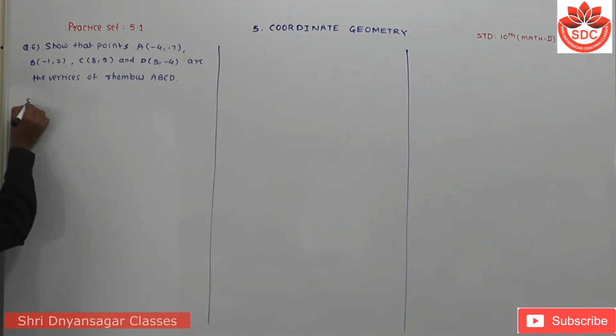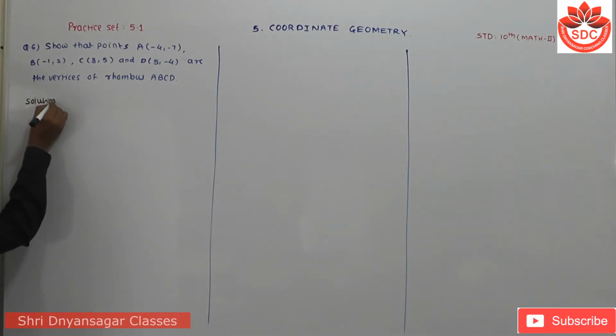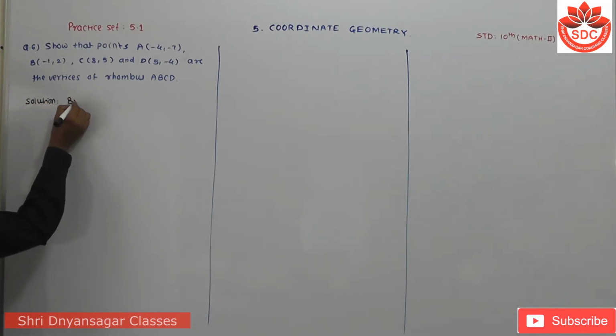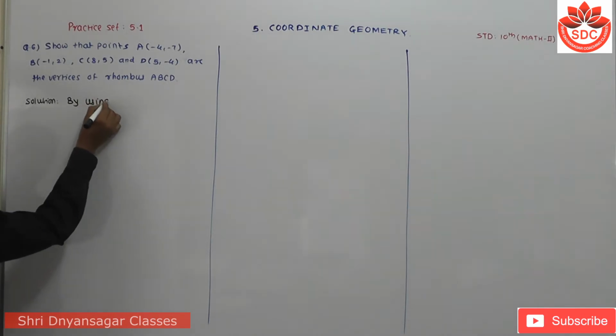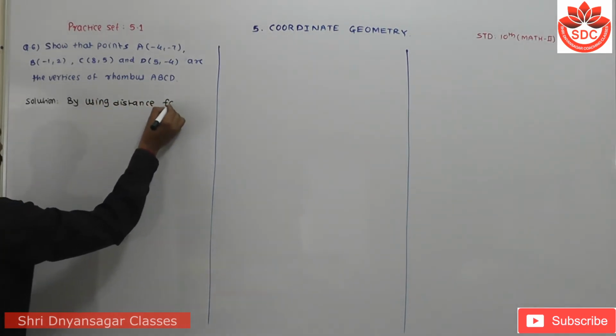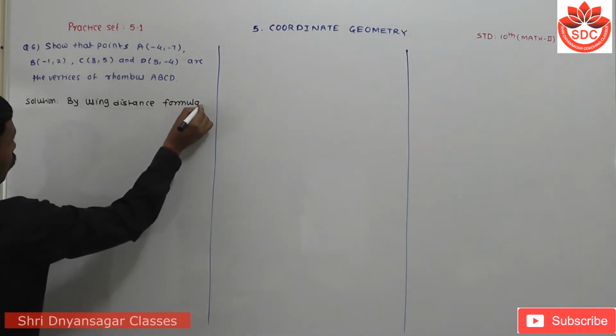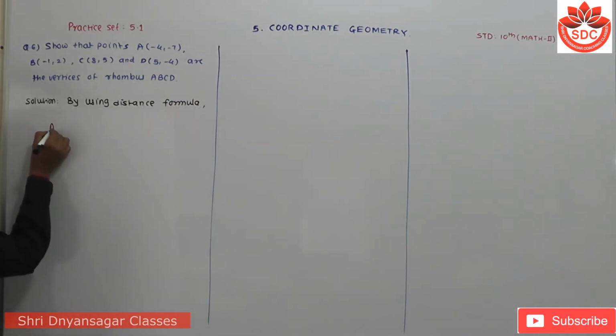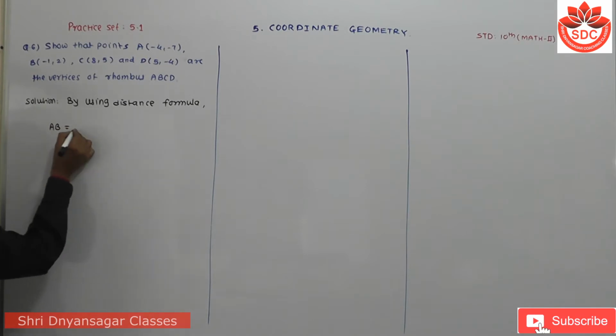So, solution. First, I have to write here: by using the distance formula. This formula gives the distance of any segment. I have taken here AB.